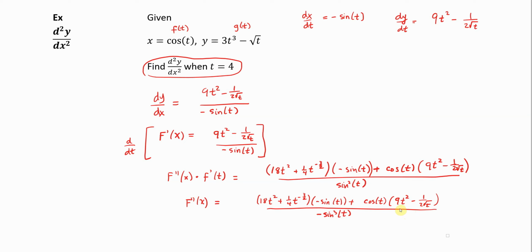And it's not really something that you could do if you try to do this by eliminating the parameter, at least in this case. If you try to do something like cosine inverse of x is equal to t, and then plug it in here, you still can't eliminate the parameter because the parameter is a part of finding the answer.